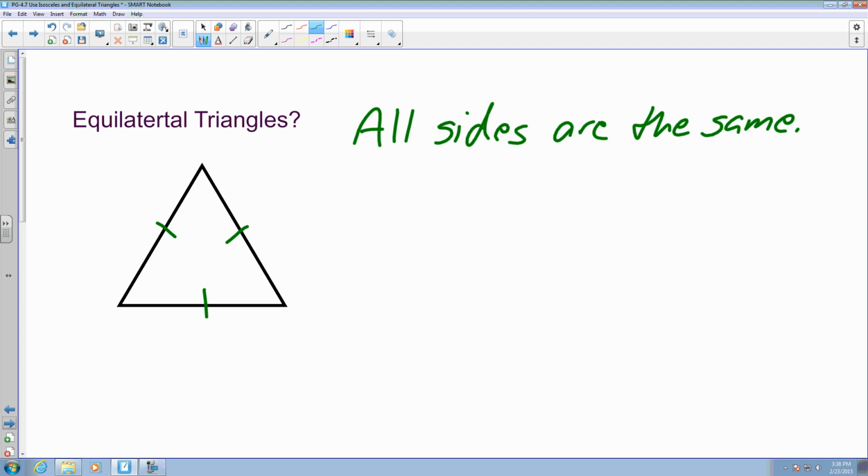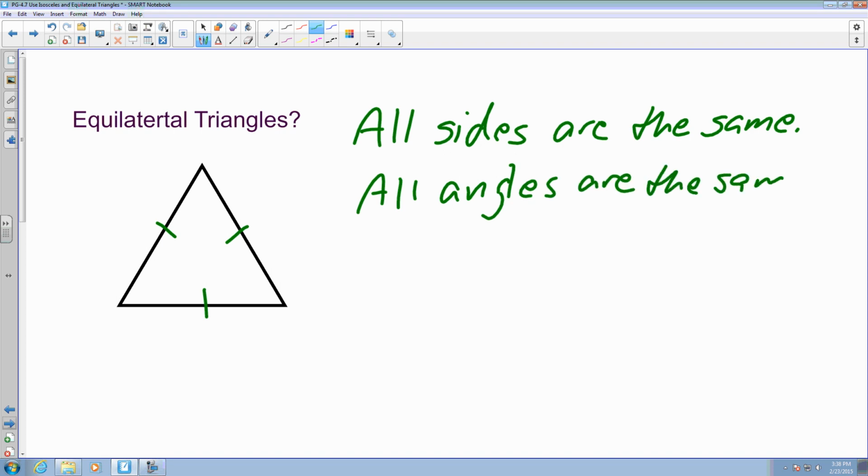And because they're equilateral and because it's a triangle, all angles are the same. So not only are all the sides the same, all the angles are the same, or all the sides and angles are congruent. And they have a specific degree for the equilateral triangle.